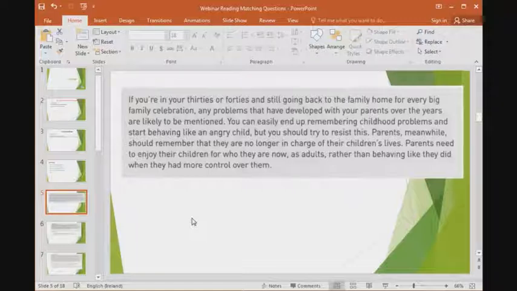Okay. So what I want you to do is skim this paragraph, so read quickly, and then write me a title that you think will fit with this paragraph. Okay, so you should have finished skimming by now, and you should be thinking about the title.